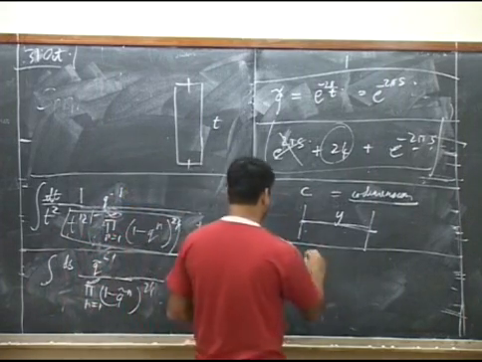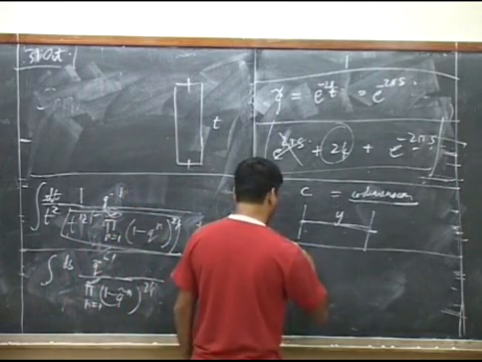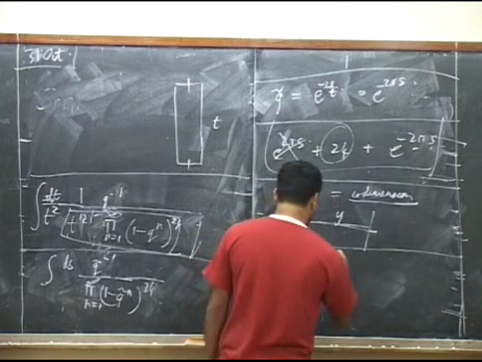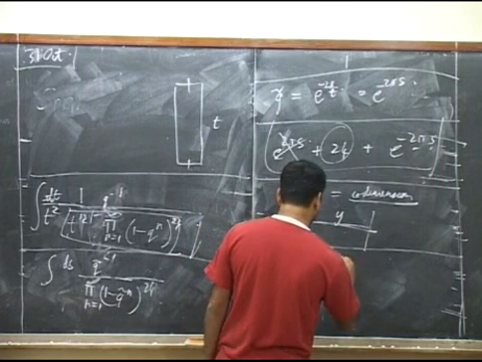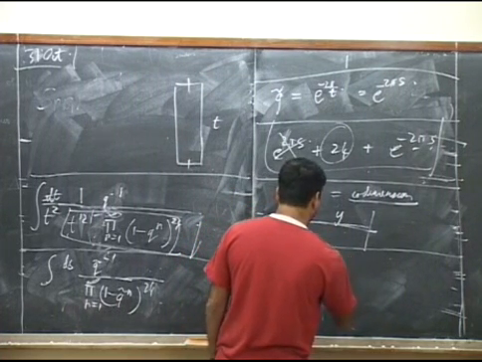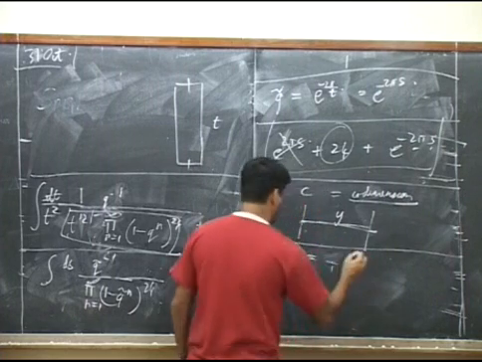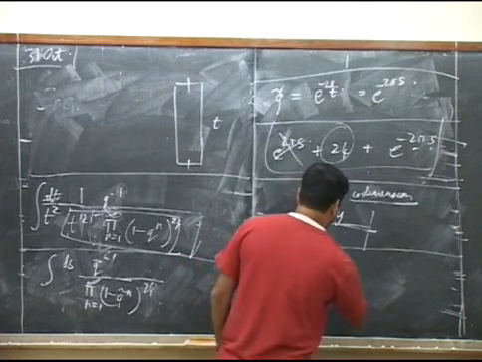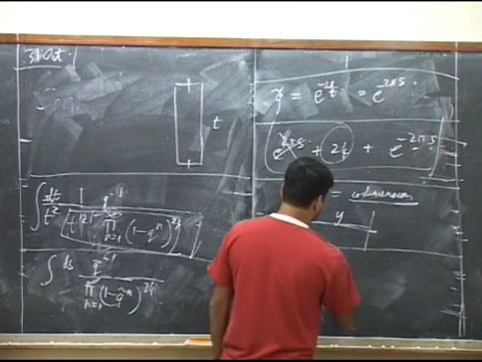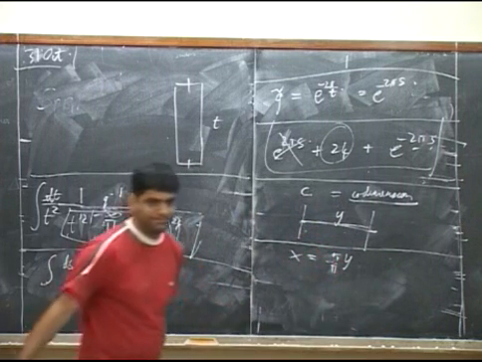So x is equal to y over pi times sigma 1, and when sigma 1 becomes pi, we want this to be y.